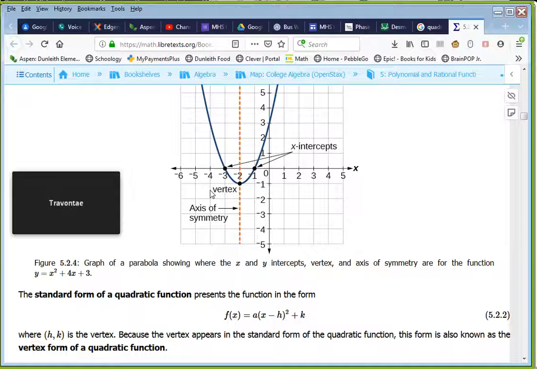Santonio Holmes was the one who caught the winning touchdown in the Super Bowl, but Emmanuel Sanders was on his team and was in that Super Bowl because Pittsburgh has always had a bunch of great wide receivers and they don't keep them long. They use them and they let them go. So they let Sanders go, they let Holmes go, and both of them were kind of in the mold of Antonio Brown before they got Antonio Brown.